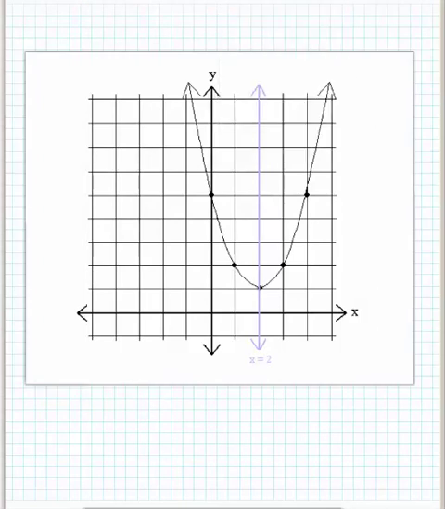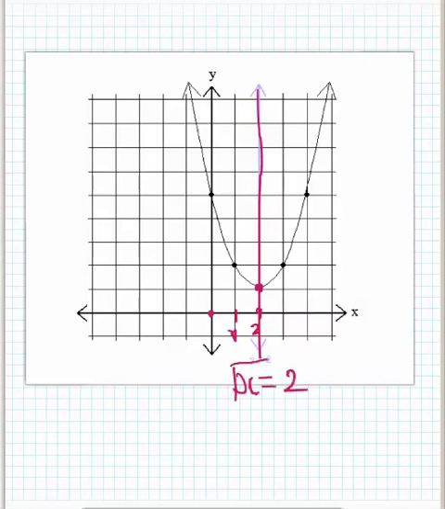You can see how this purple line is the axis of symmetry, and it cuts through the parabola exactly in half. Now all we have to do is write the equation of this straight line. We've got our origin, then 1, then 2, so the axis of symmetry for this parabola is when x is equal to 2. And that's all you have to do.